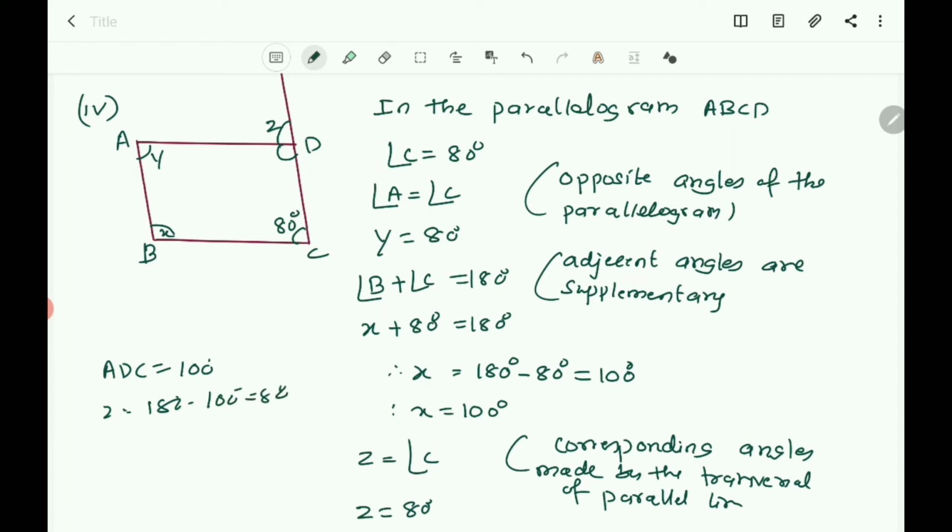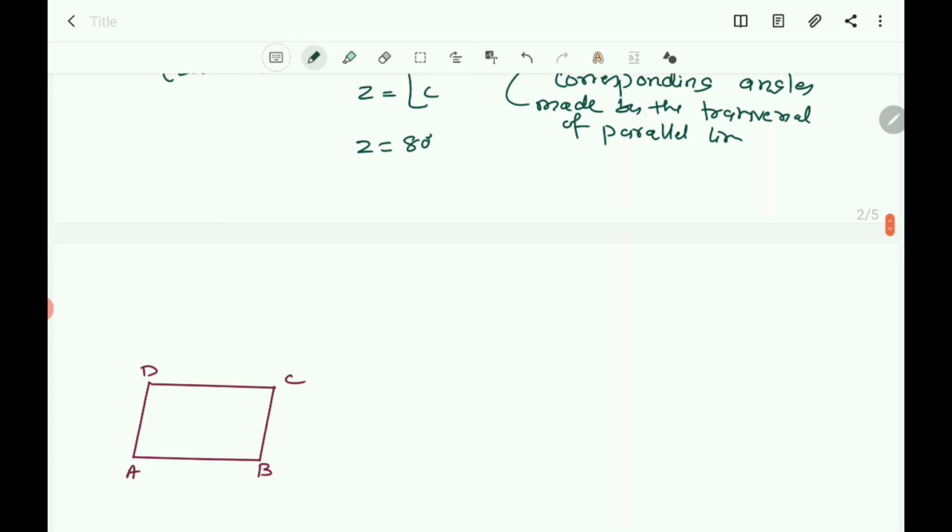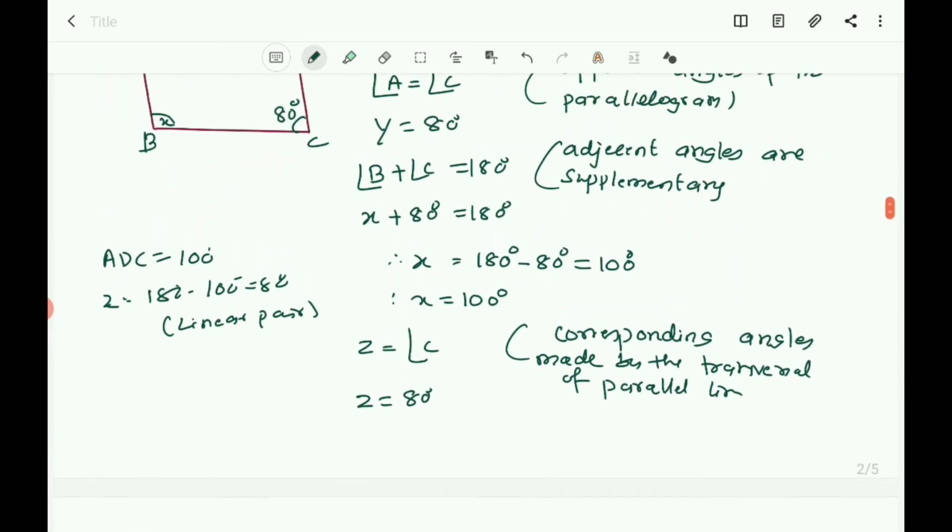There is a linear pair, that also you can use here. Z is equal to 180 minus 100, by using the linear pair property. In this way you got the values of x, y, z here. X is 100 degrees, y is 80 degrees, z is also 80 degrees.